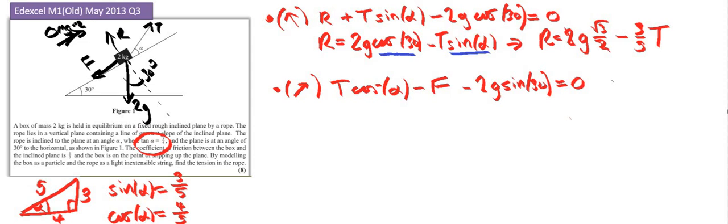And also this time as well, it isn't moving. So that's 0. Okay, again, we know what cos of alpha is, and we know what sine of 30 is because they are just values. So let's rewrite that. That means that T times cos of alpha is 4/5 of T. Okay, I'm going to put friction in a second. And then I've got minus 2g sine of 30.